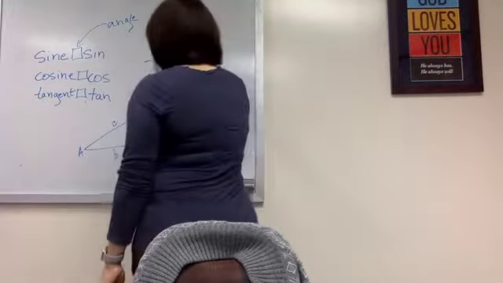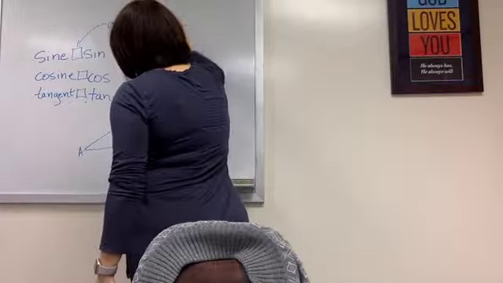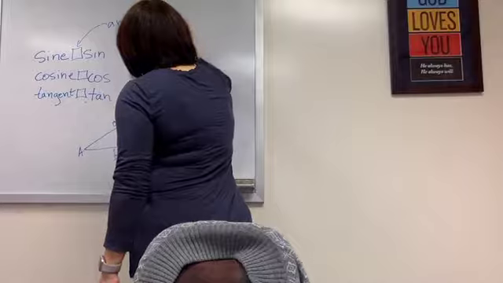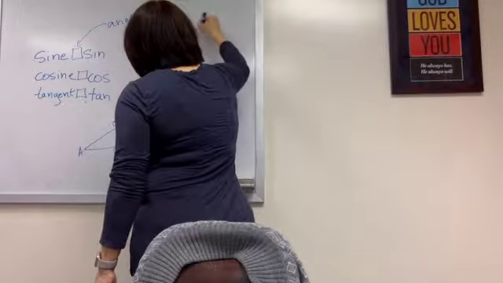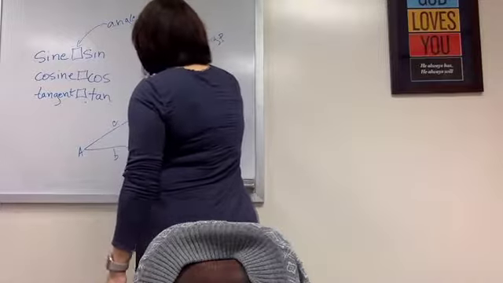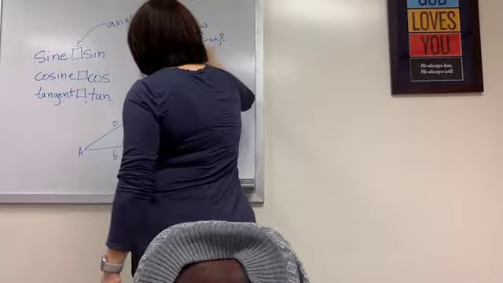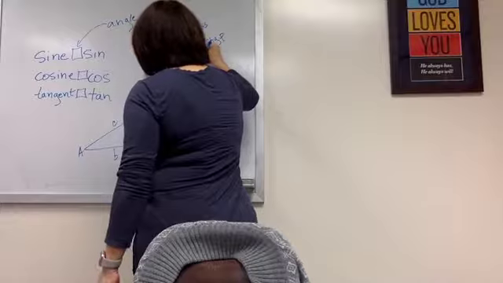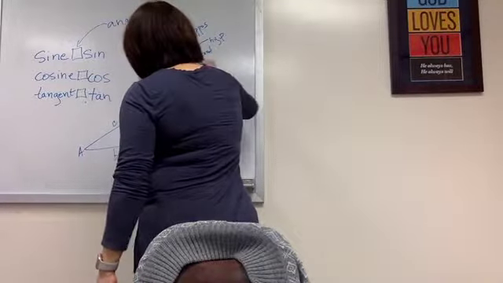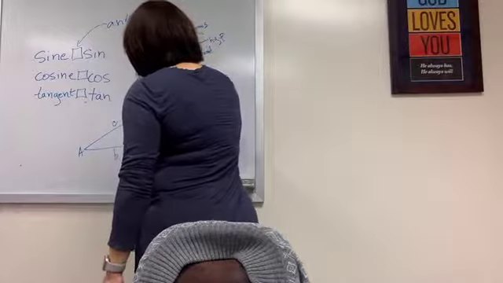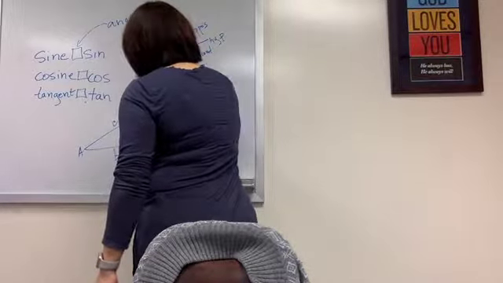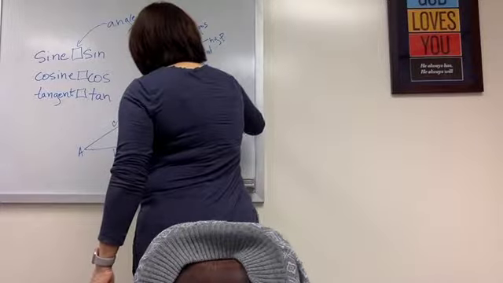So what sine stands for is, the S stands for sine, the O stands for opposite, and the H stands for hypotenuse. Then the A stands for adjacent, and I'll tell you what this means in a second. Adjacent. H again, hypotenuse. And O stands for opposite, and A stands for adjacent.